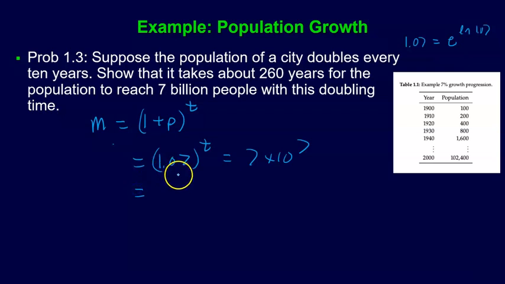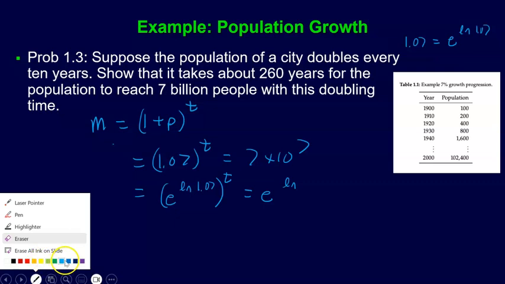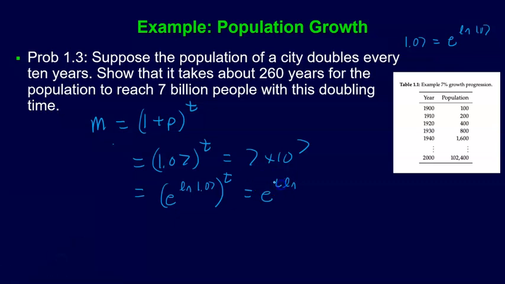So over here, in this case, I'll write that as e to the natural log of 1.07, all that to the t power, which when I bring that into itself, it gets to e to the t natural log of 1.07.